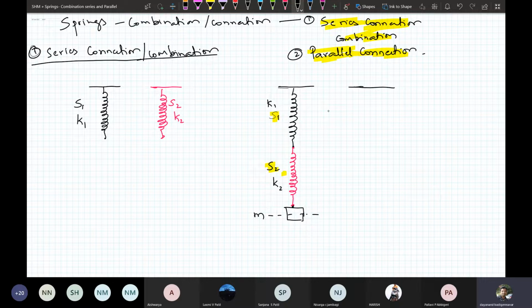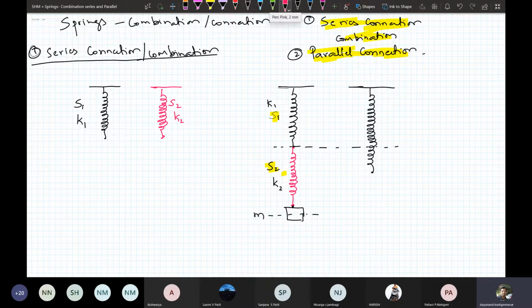So what happens? The first spring, this was the position. It gets elongated like this by some factor. Actually, it was here, but due to the application of the mass M, it gets elongated.